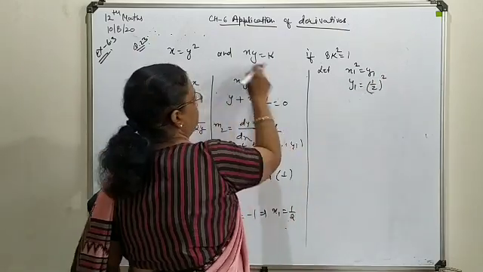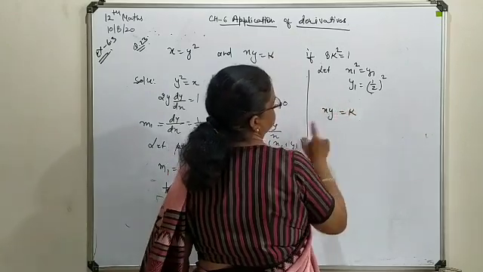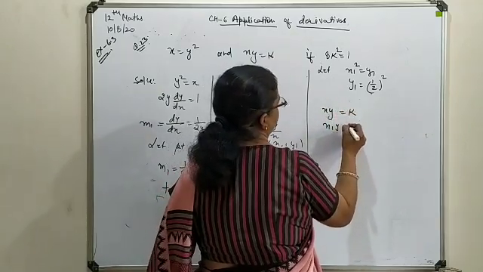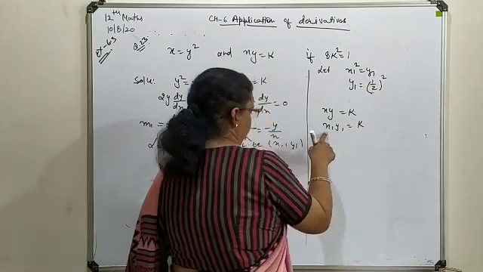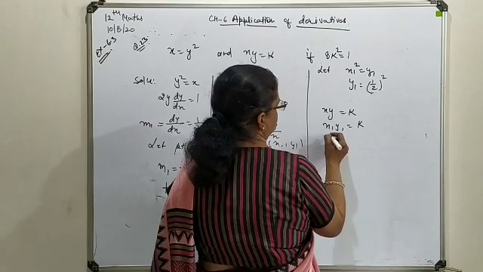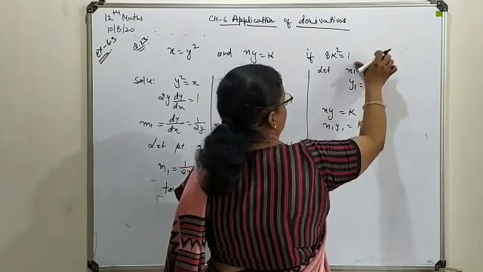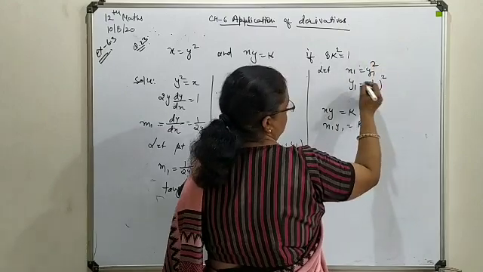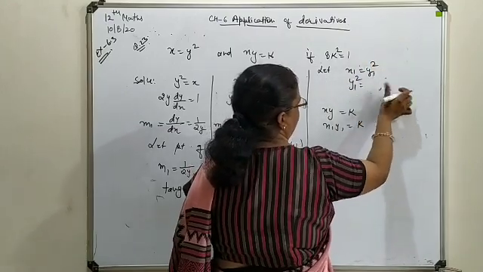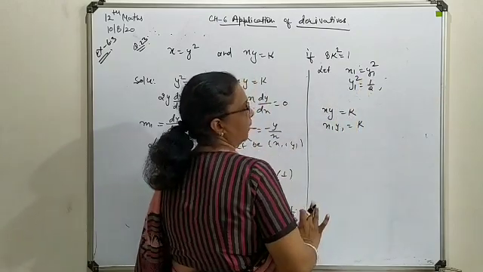Okay. Now you come over here. xy is equal to k, means x1 y1 is equal to k. x1 it was 1 upon 2. Here y1 square you will have as 1 by 2.